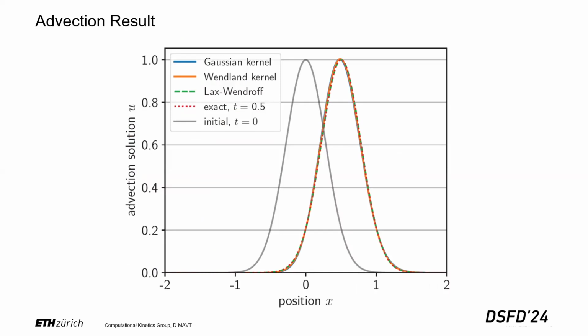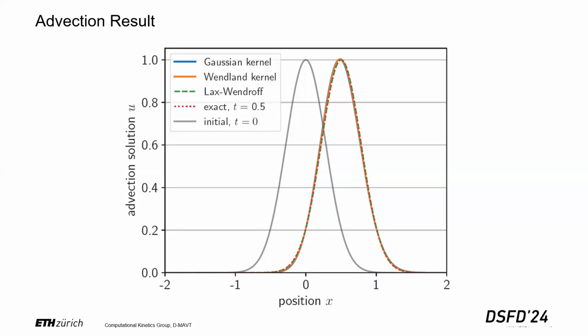So the initial state, we have a graph that's centered at 0, and we see that it moves to the right. Now, the quantum algorithm gives us a very smooth curve like that. The blue and the orange graph is the result of the quantum algorithm, but using different kernels. And they're basically superimposed, so you can't really see them that clearly.